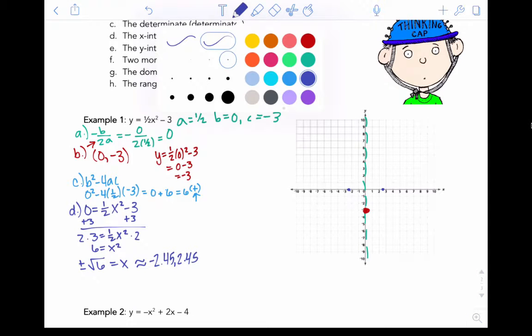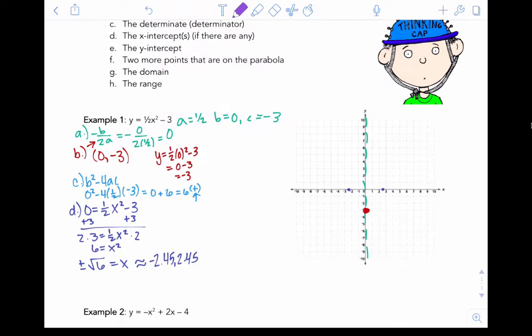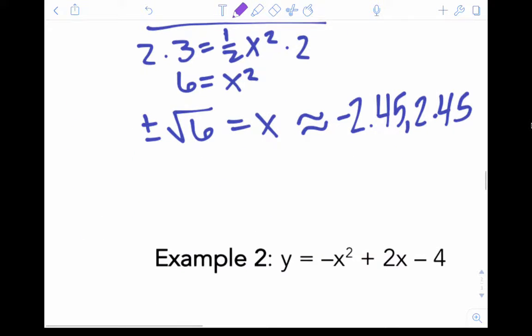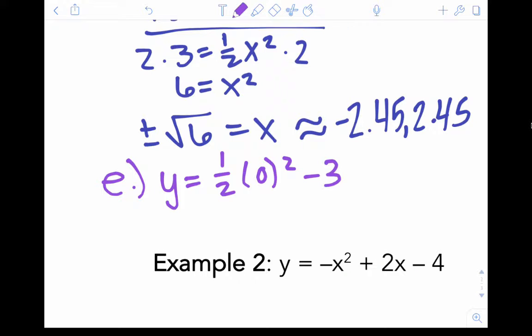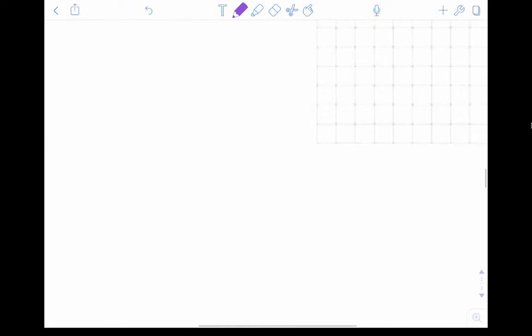Next, I need to figure out the y-intercept. To do that, I plug in 0 for x. And remember that we already figured out that the y-intercept is your c, so the y-intercept is negative 3.